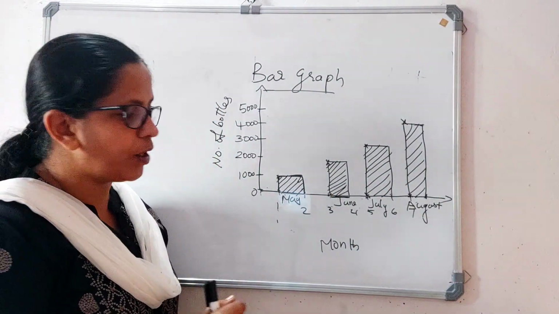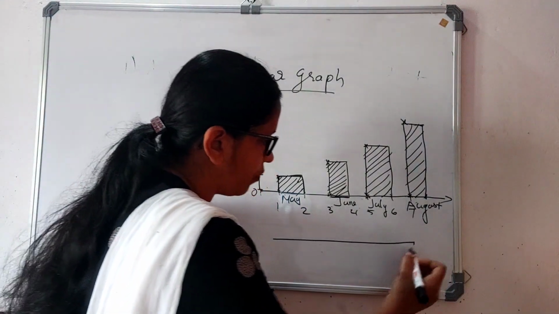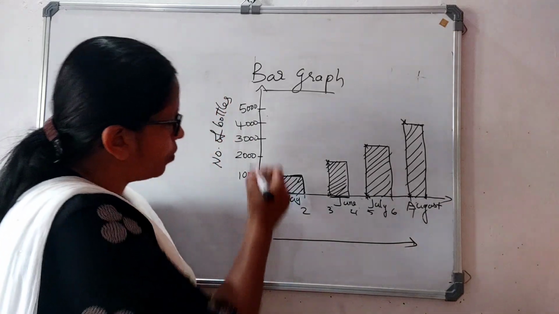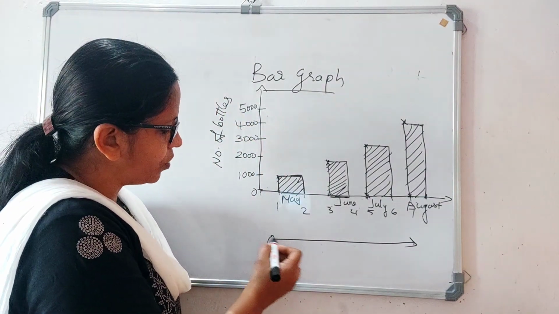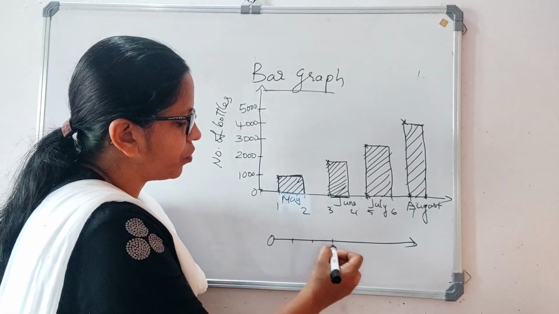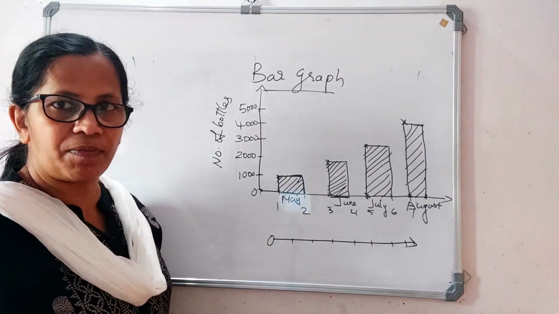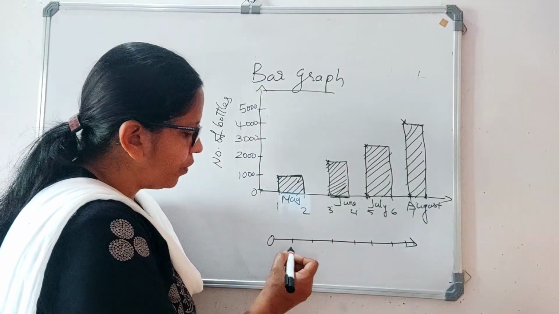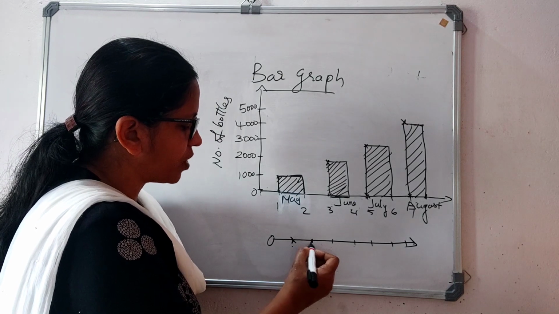For that, what you have to do is keep the scale on the horizontal axis. Here also the same. Okay, here also the gap should be the same. From 0 it will be 1, 2, 3, 4, 5, 6, 7 and up to 15 on the scale. So what you do, if it is 1, start from here and draw the bar up to this 1 centimeter.